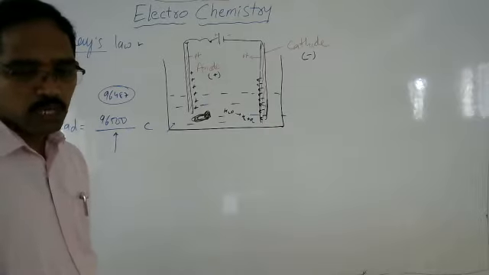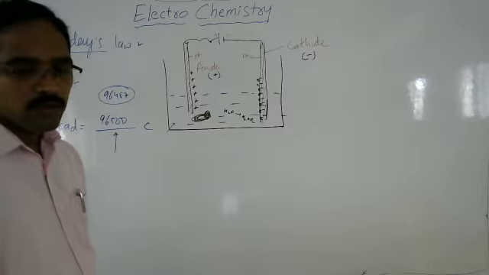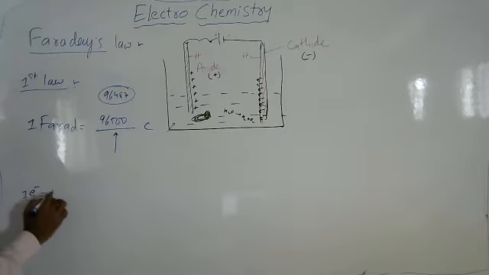Electron also has some charge, right? One electron's charge is 1.6 into 10 power minus 19 coulombs.